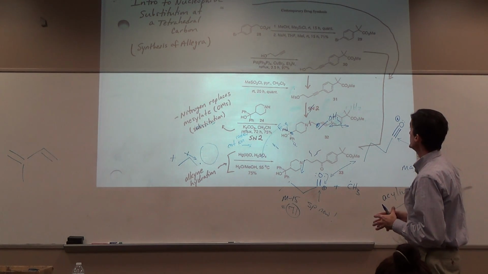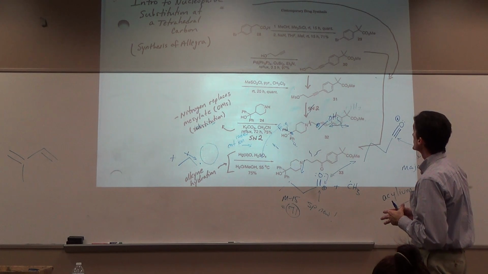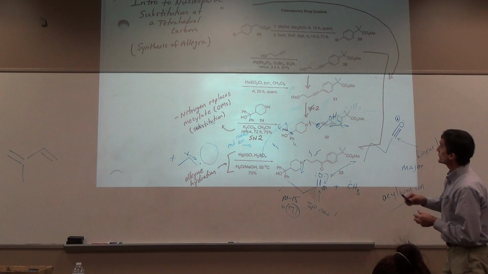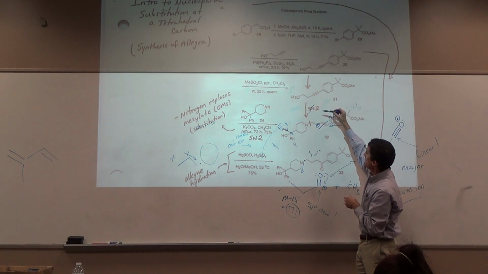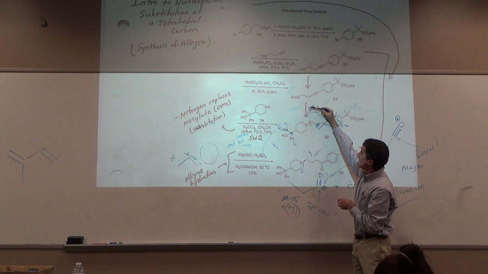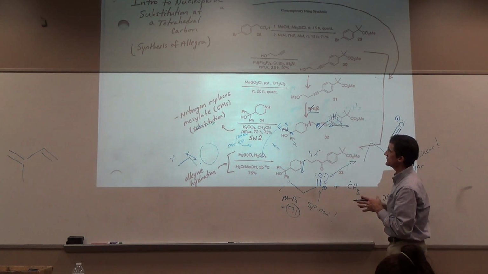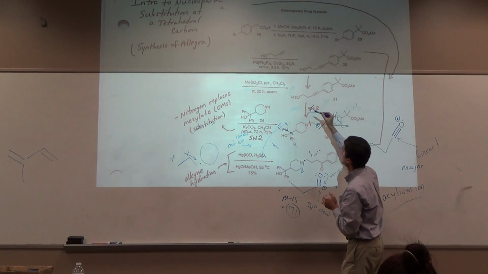Sort of an opening look here. This is a synthesis of Allegra. Right here, going from 31 to 32 in the industrial synthesis, is an SN2 reaction. Substitution, nucleophilic, bimolecular. We'll see what that is. SN2. What's going on?